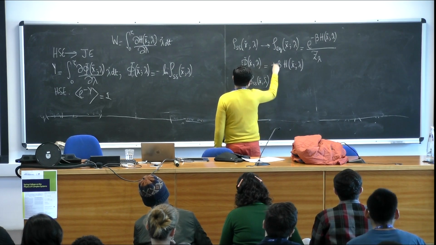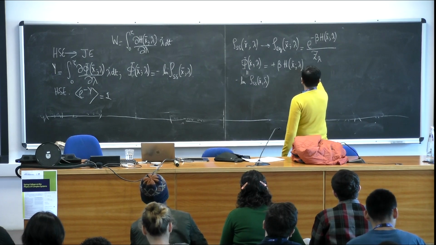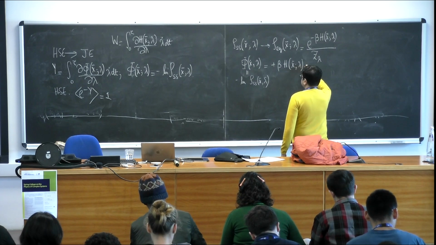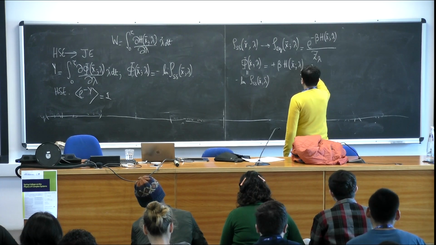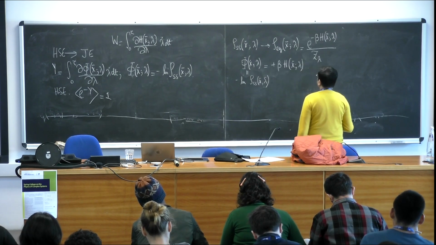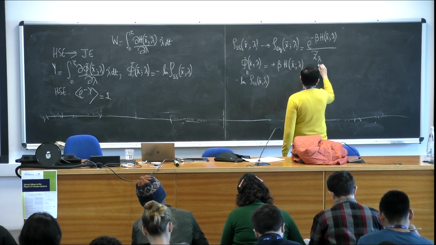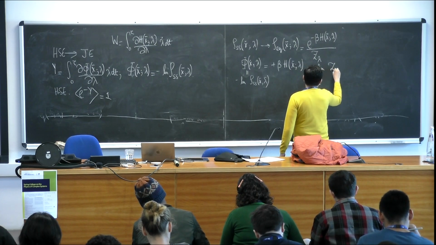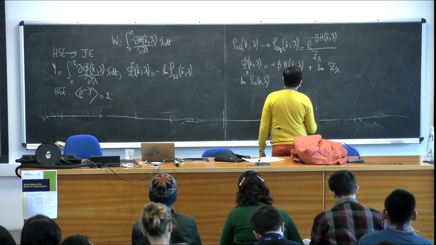So I guess the minus sign becomes plus, and then log of this will be minus beta h plus log of z lambda. I hope I did it right.